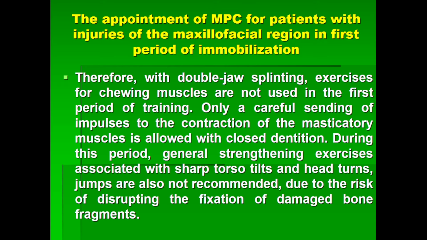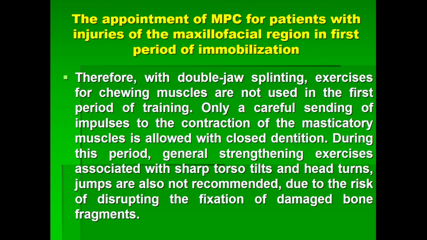Therefore, with double jaw splinting, exercises for chewing muscles are not used in the first period of training. Only careful sending of impulses to the contractions of the masticatory muscles is allowed with closed dentition.